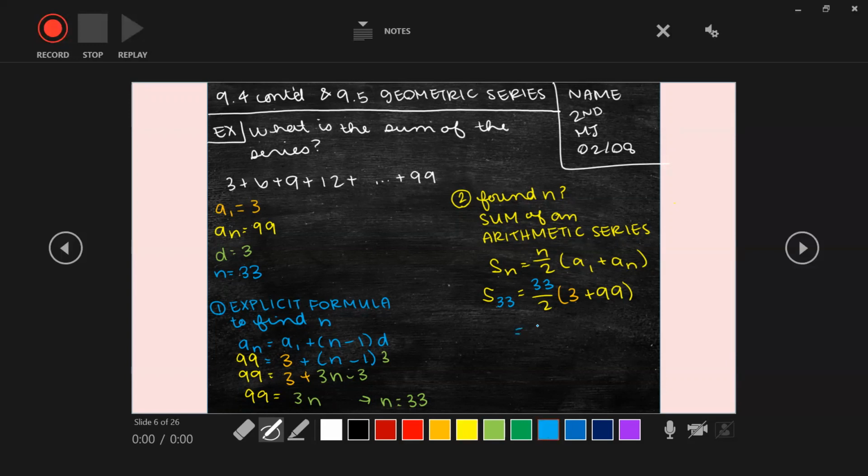Simplify that further, we're going to have 33 over 2, or 16.5, times 102. And so what do we get?